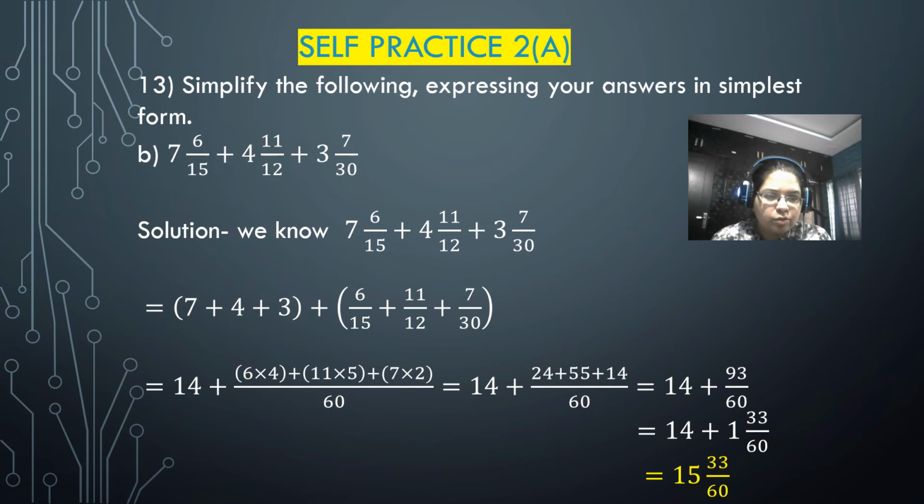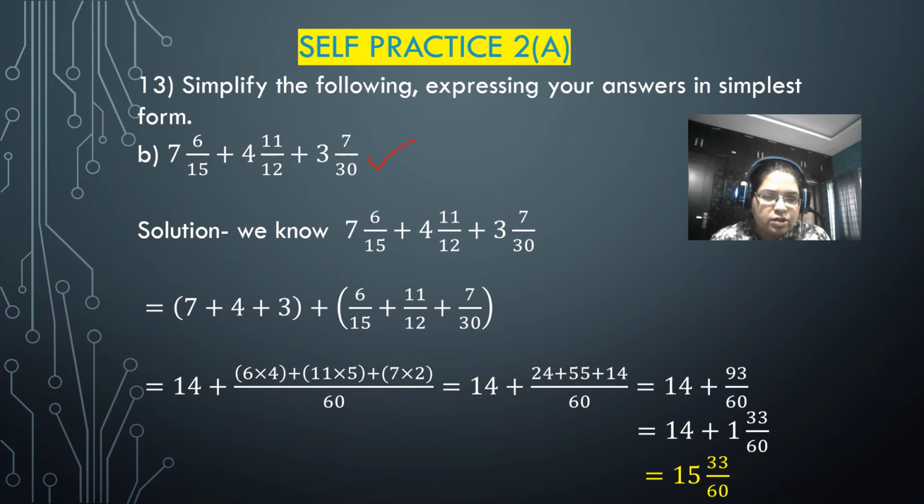Now we have to solve question number second, part B. It is 7 and 6 divided by 15 plus 4 and 11 divided by 12 plus 3 and 7 divided by 30. And these are all mixed fractions. First we have to add the whole parts separately and add the fractional parts separately.